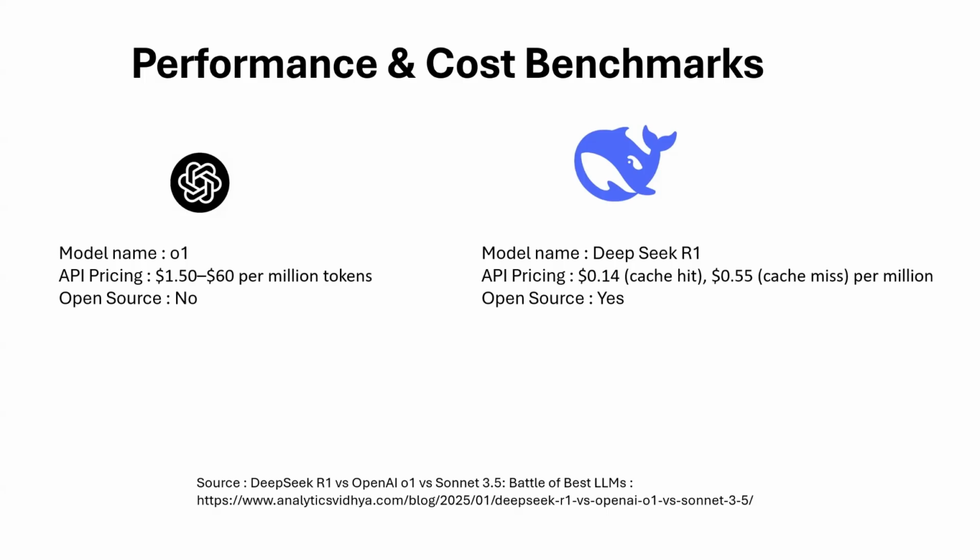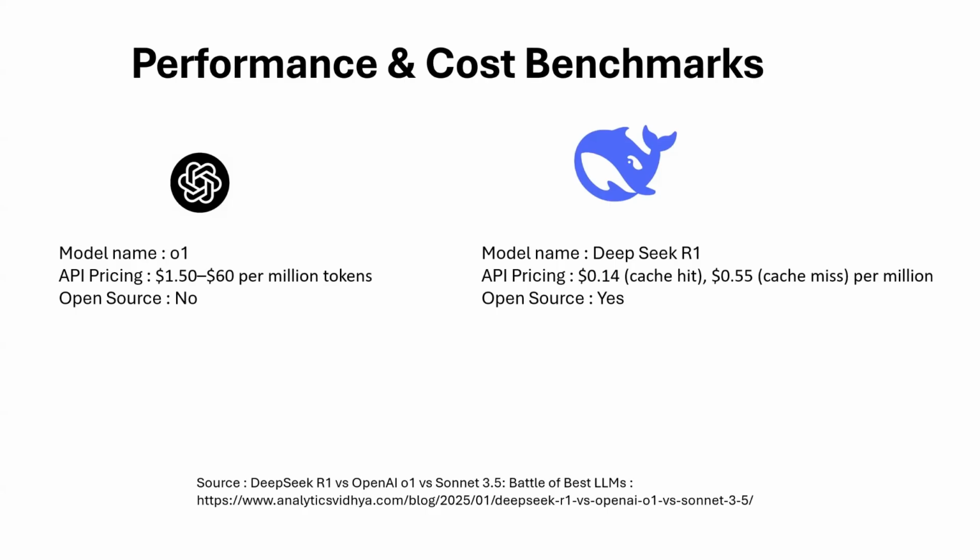While for DeepSeek R1, if you're using the platform, you get at least $0.14 when it is a cache hit, meaning that you have direct access to the content, and $0.55 per million tokens.